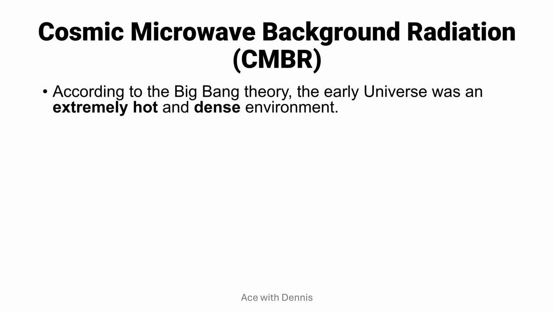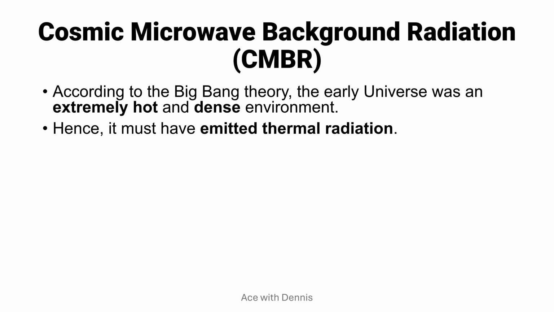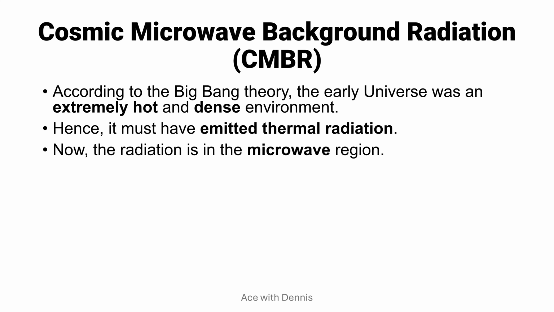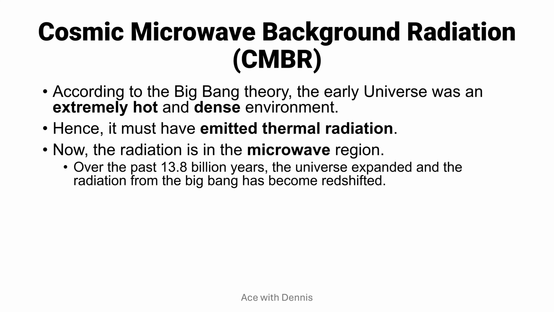According to the Big Bang theory, the early universe was an extremely hot and dense environment. Hence, it must have emitted thermal radiation. Now, the radiation is in the microwave region. Over the past 13.8 billion years, the universe expanded and the radiation from the Big Bang has become redshifted.